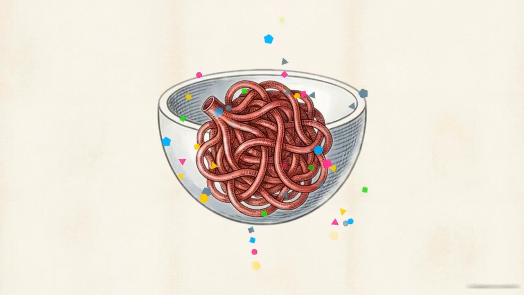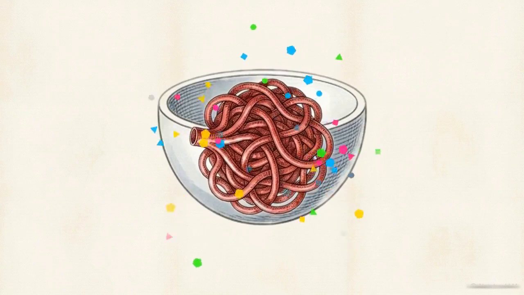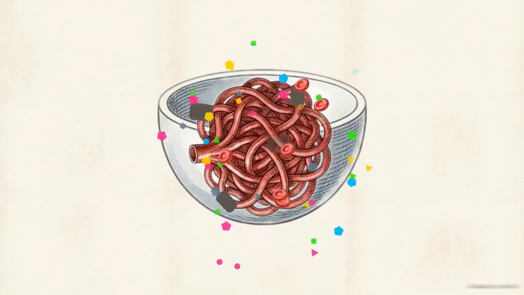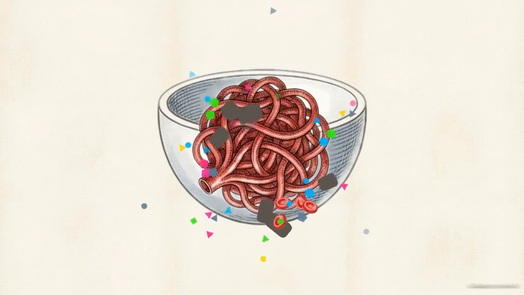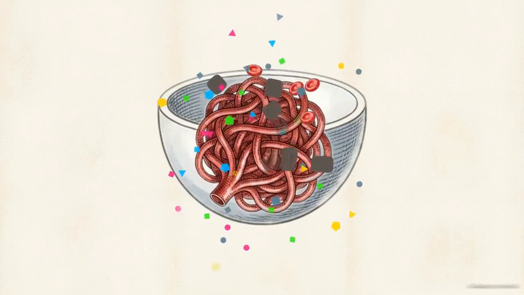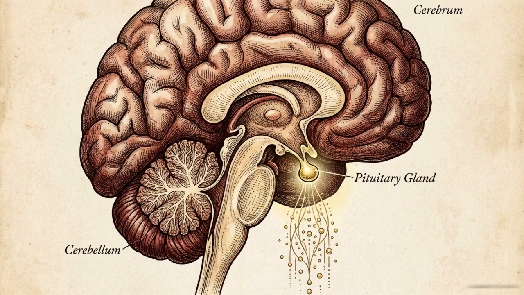Intense cardiovascular pressure forces fluid, salts, glucose, and urea out through the capillary walls. The pores are sized precisely so that larger red blood cells and complex proteins are trapped inside the vessel and kept in circulation. This pressure-driven mechanism is managed by antidiuretic hormone, or ADH, secreted by the pituitary gland.